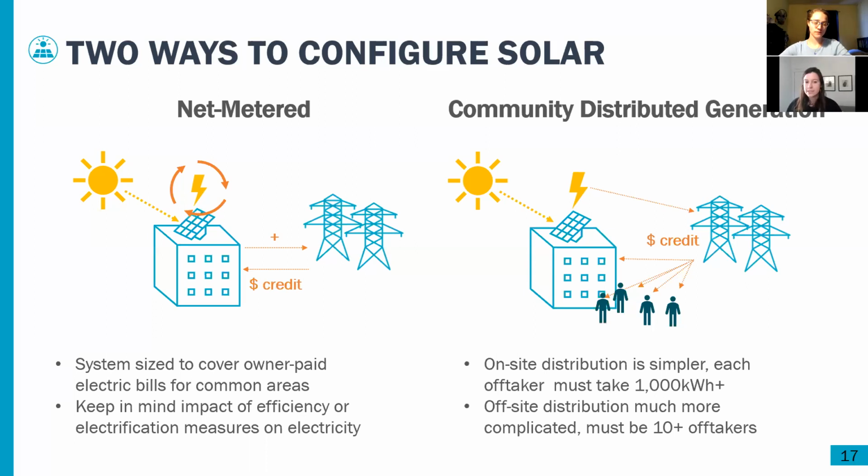On-site distribution is pretty common and relatively simple. Offsite distribution gets much more complicated, and you see that with huge solar arrays that have enough energy to distribute to other places.